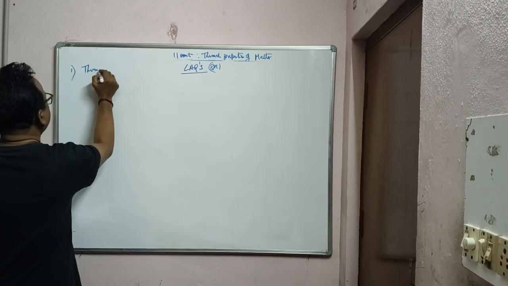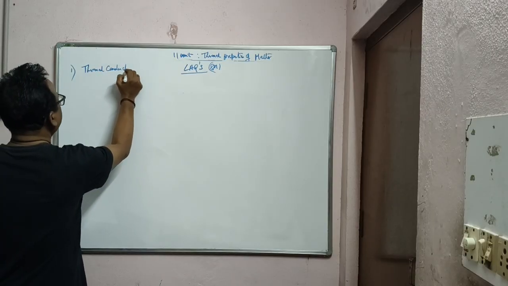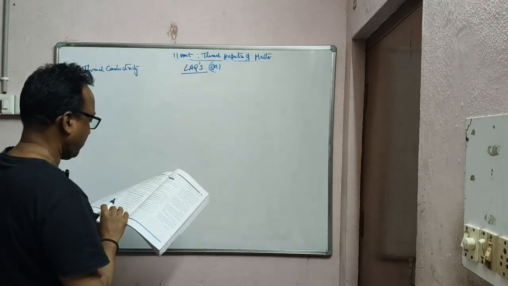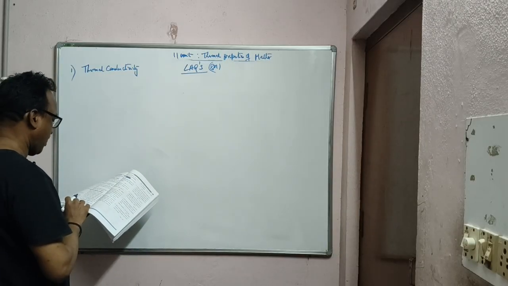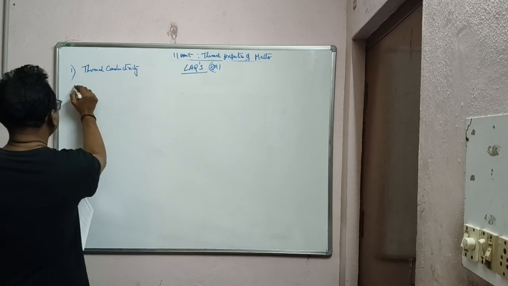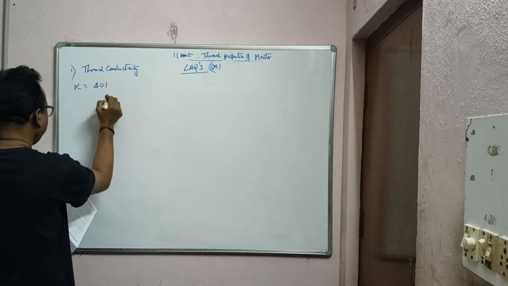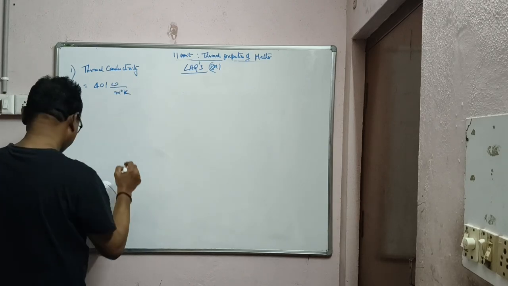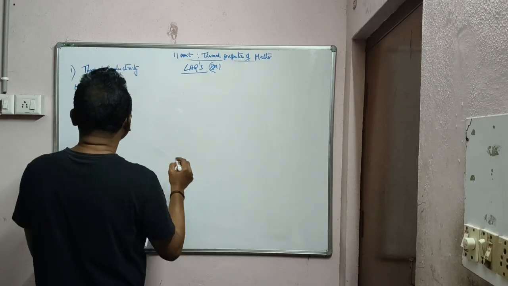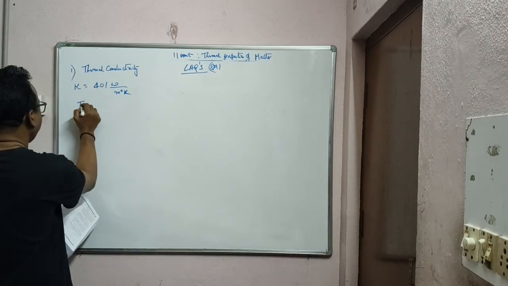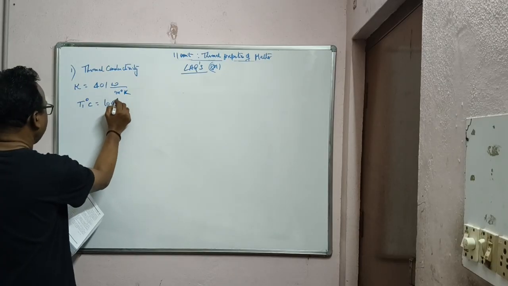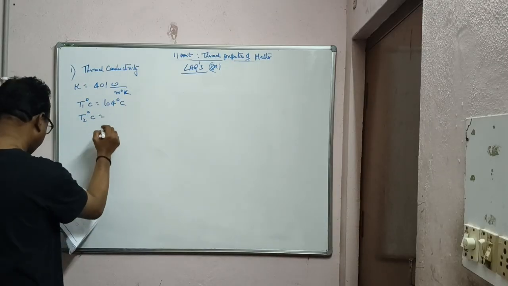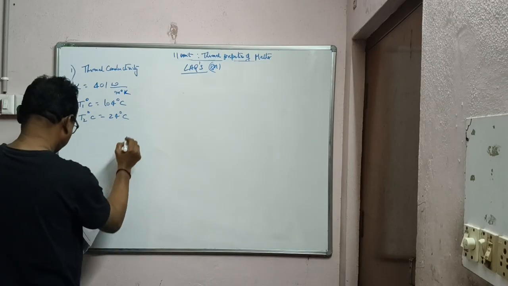Explain thermal conductivity and coefficient of thermal conductivity. A copper bar of thermal conductivity 401 watt per meter degree Kelvin is given, has one end T1, 104 degrees Celsius, and the other end is given as 24 degrees centigrade.